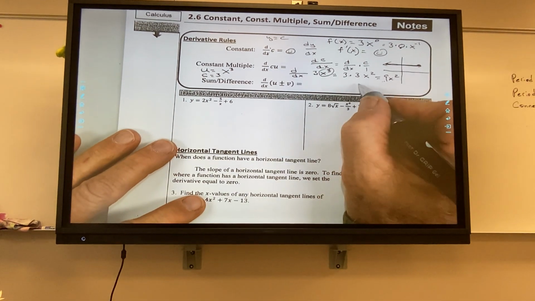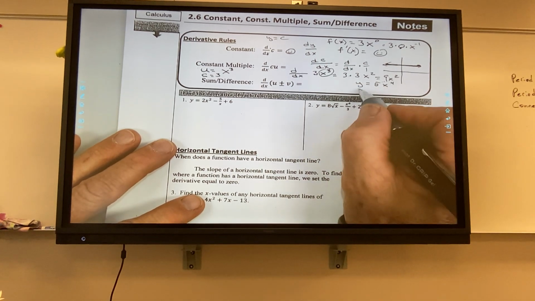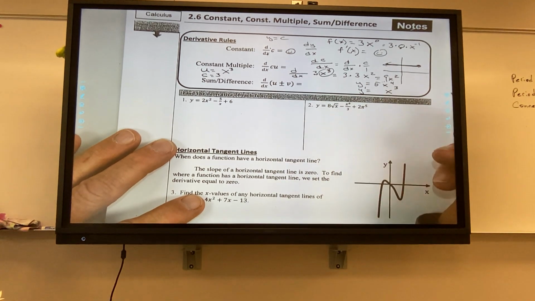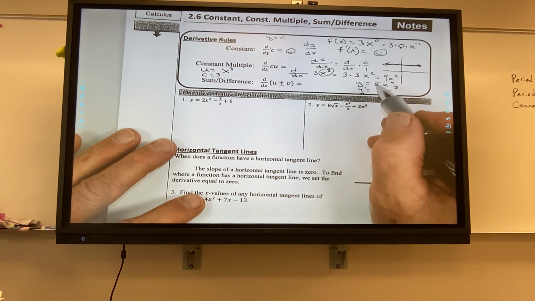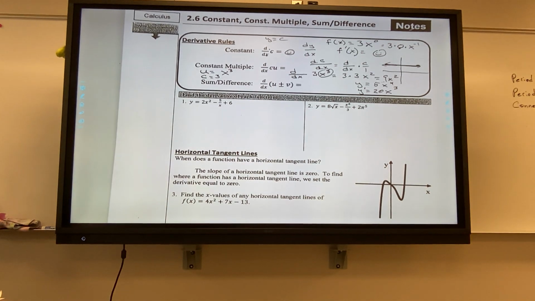So if I had y equals 5x to the 4th, its derivative would be, well, the exponent is going to drop down to 3. I'm going to take that 4 and multiply it by 5 and get 20. Does that make sense? That's what that rule is saying.